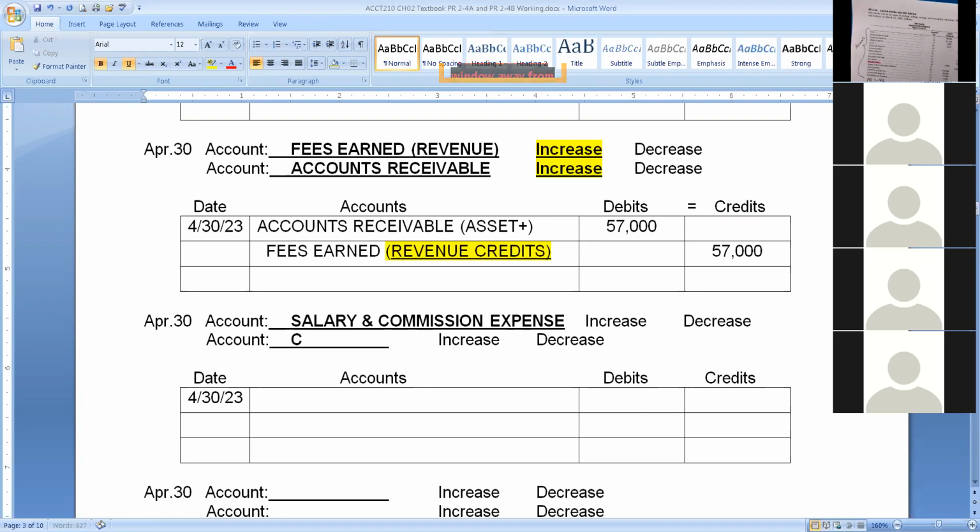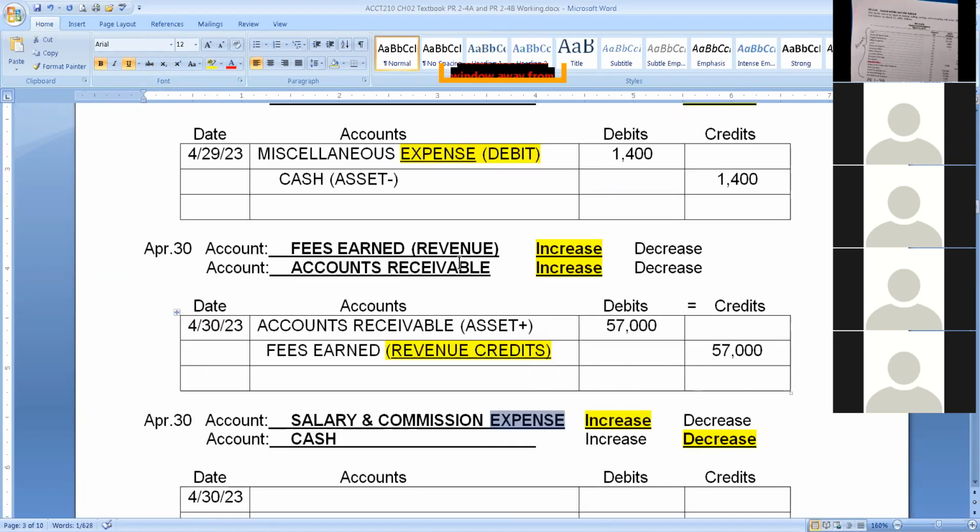Yeah, it goes to cash. Okay, these are increasing. Cash is going down. We paid them. And an expense. Yay! We know that expenses are always debits.